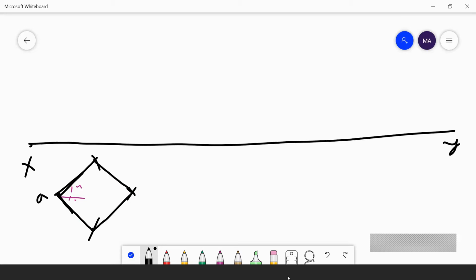It will form a square ABCD. Understand? I am projecting this A upward, B and D upward, this C upward to the reference line. Here I will get A dash, B dash, D dash, C dash. These notations are very important, because based on these notations only you will draw the diagram.